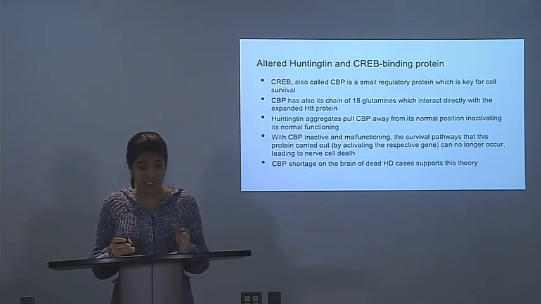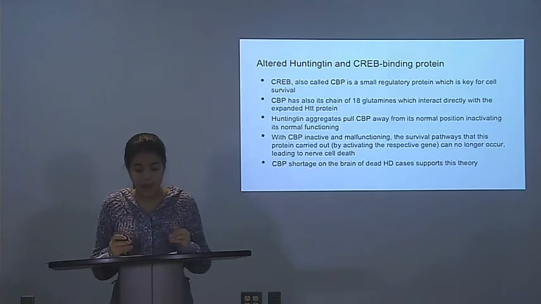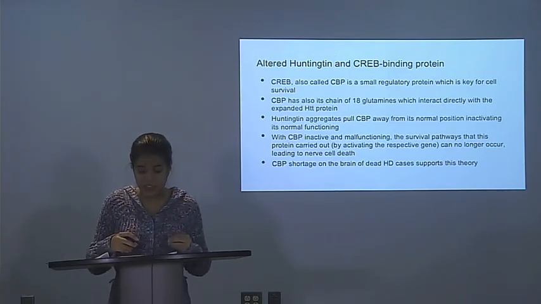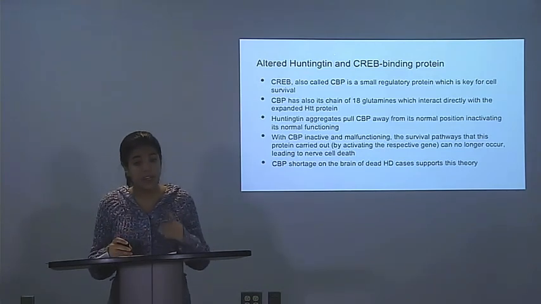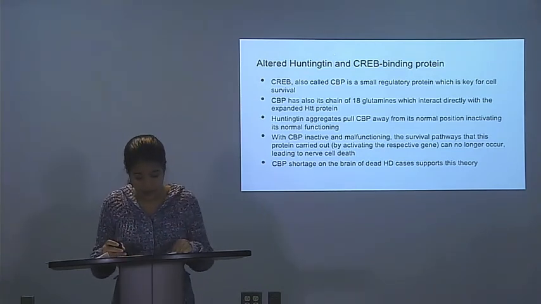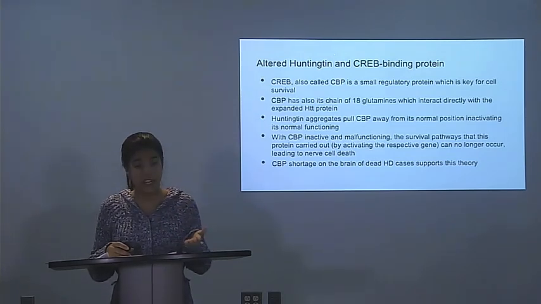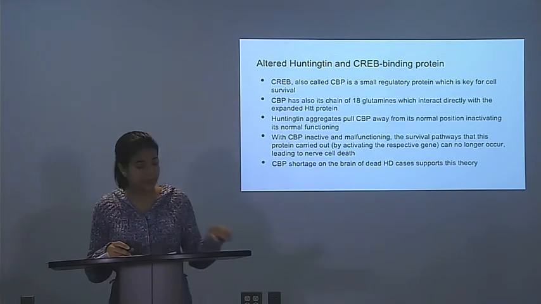With CBP inactive and malfunctioning, the survival pathways that this protein carried out by activating the respective genes can no longer occur, leading to nerve cell death. CBP shortage in the brains of dead HD cases supports this theory.